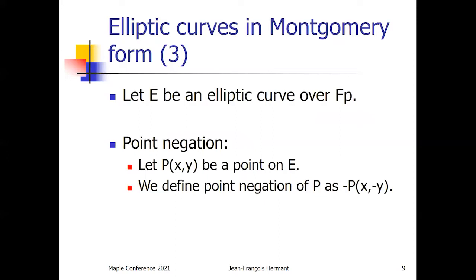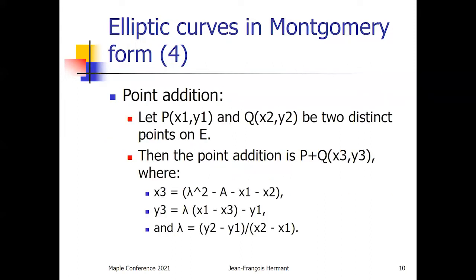Let E be an elliptic curve over Fp. Point negation. Let P with coordinates x and y be a point on E. We define point negation of P as minus P with coordinates x and minus y. Point addition.